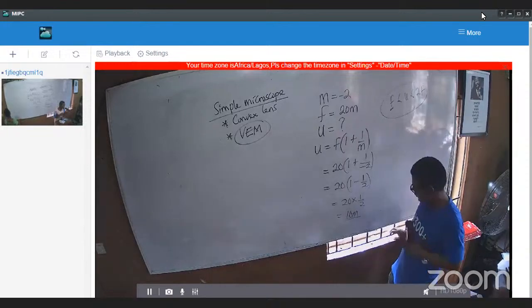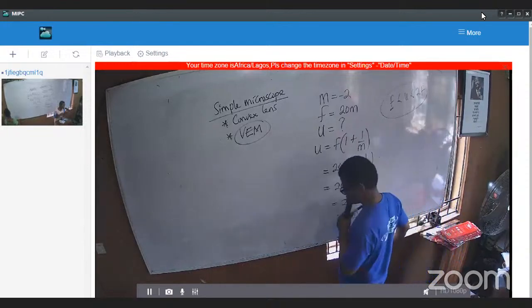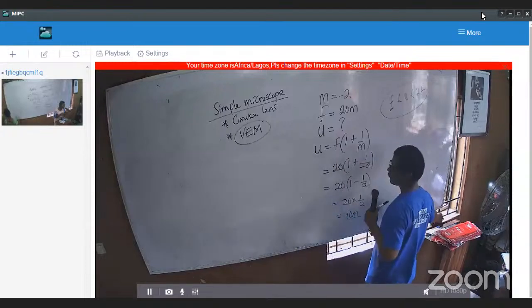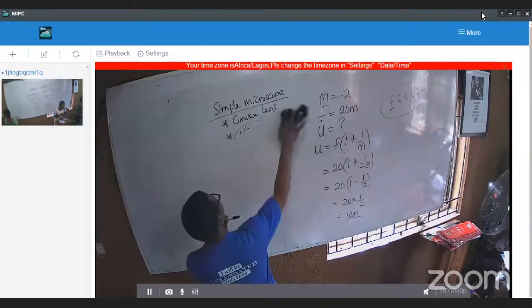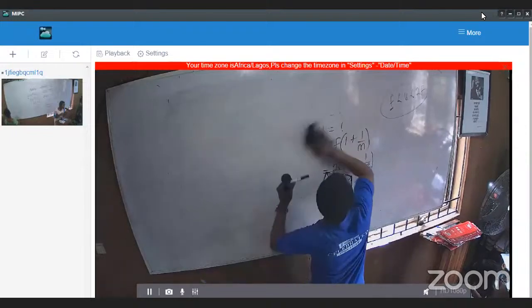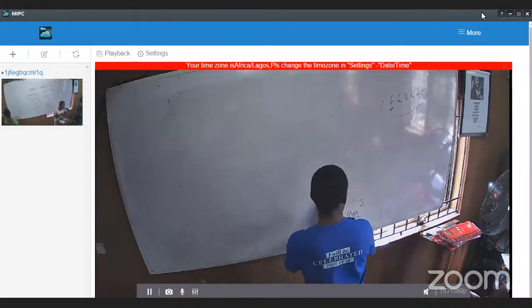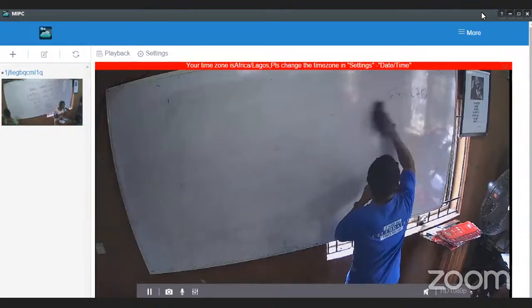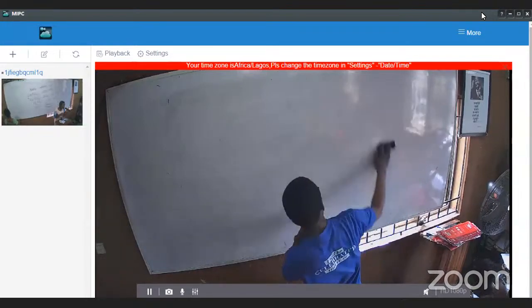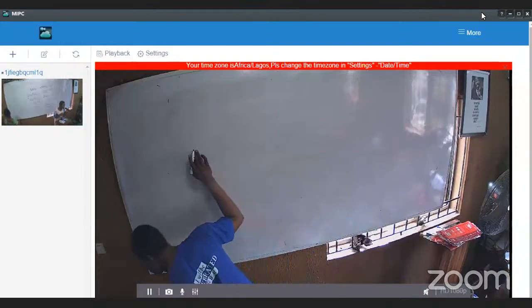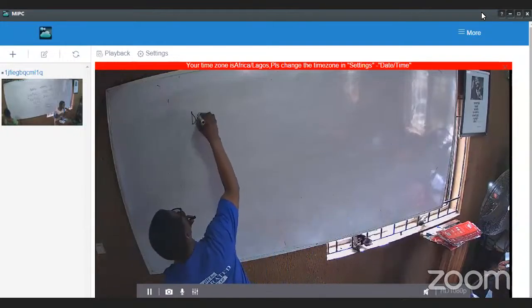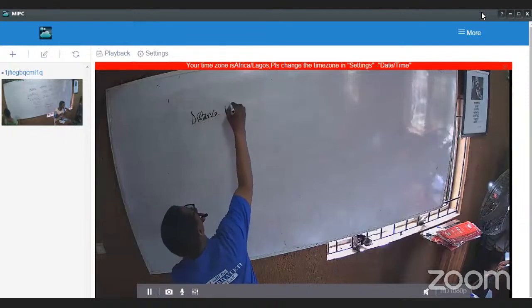Remember, I'm pressing calculator for this question. If your answer is 20, that's rubbish. Nobody taught you that. Distance between lenses, go and check your note.